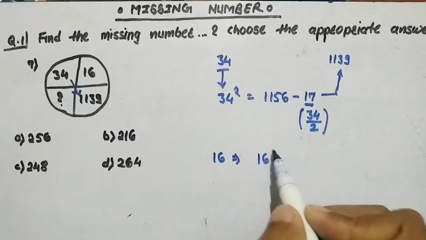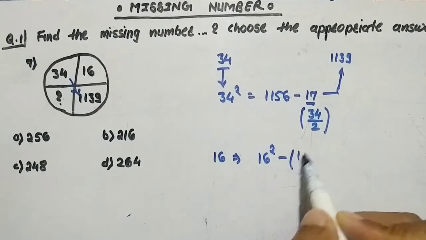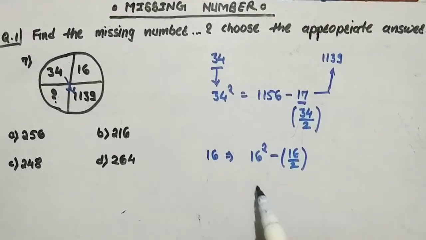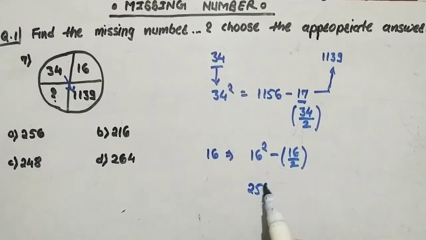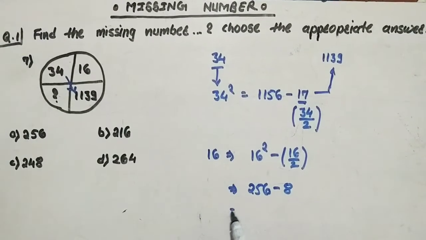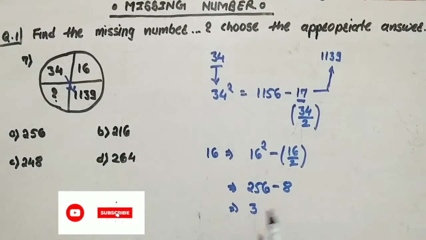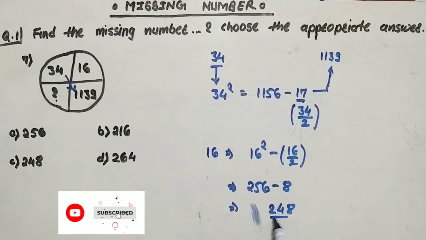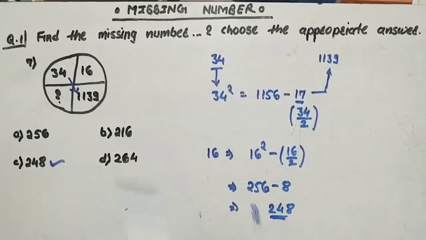So 16 square minus 16/2, that's the concept. So 16 square is 256 minus 8, and we will get 248, right? So option C is the correct answer.